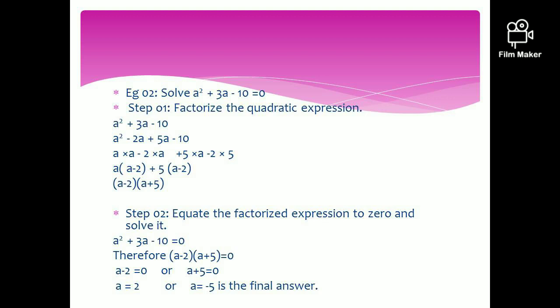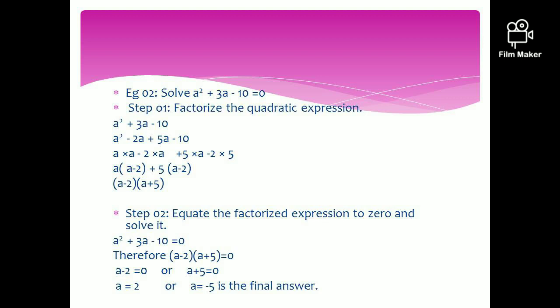To get a clear idea on that, please review the initial videos. Then you can write a squared plus 3a minus 10 as a squared minus 2a plus 5a minus 10. The first term you can expand as a into a, minus 2a as minus 2 into a, and 5a minus 10 as 5 into a minus 2 into 5.